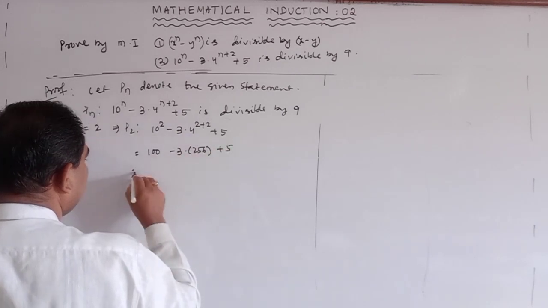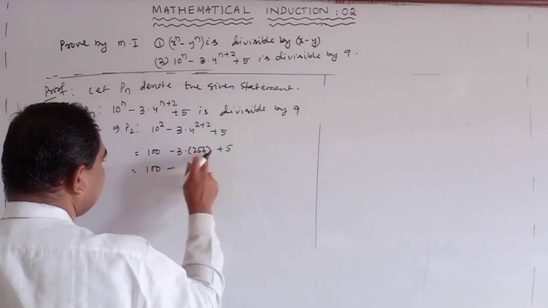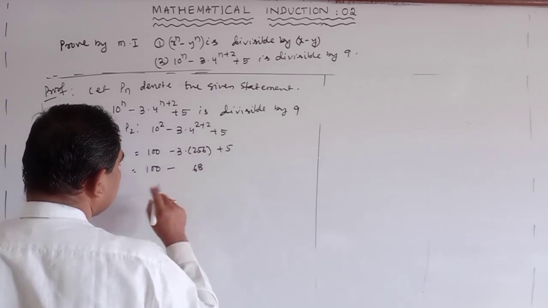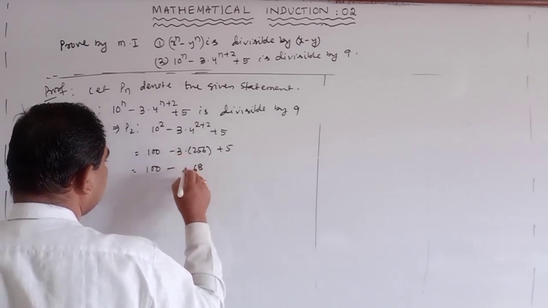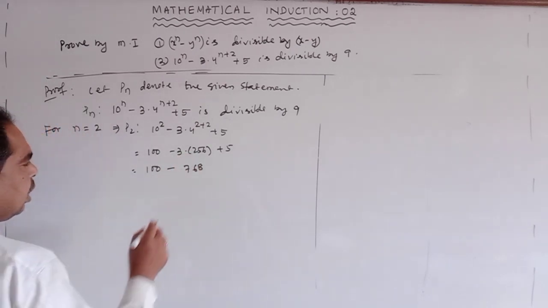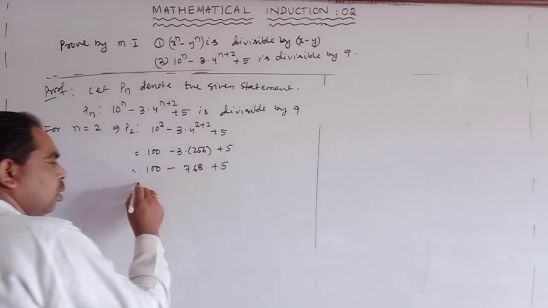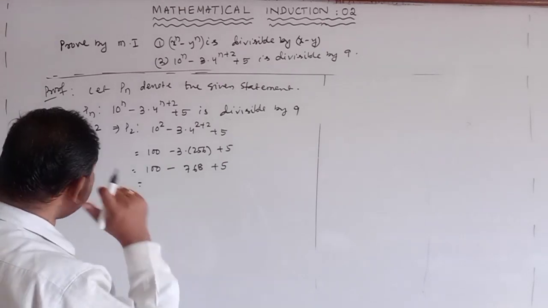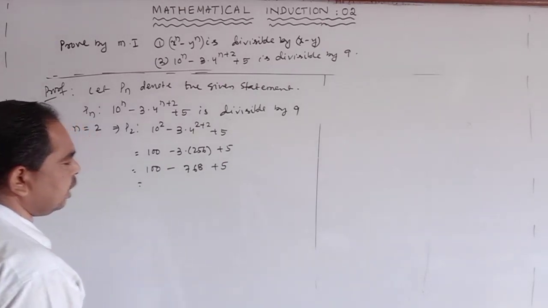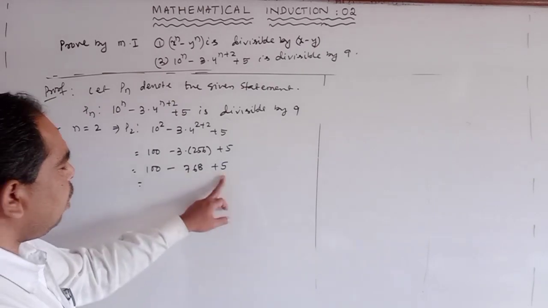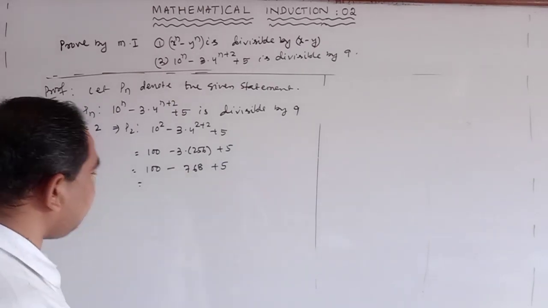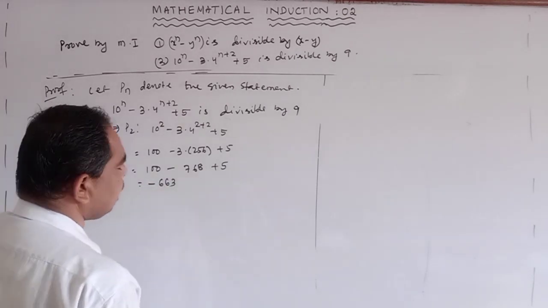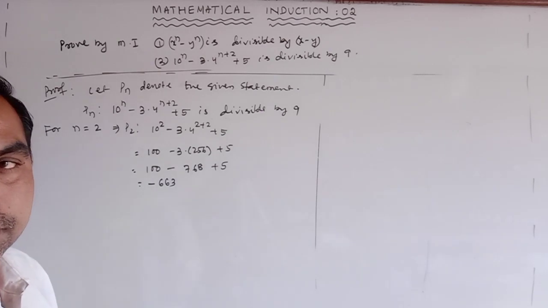This is 100 minus 3 into 256 plus 5, that is 768.